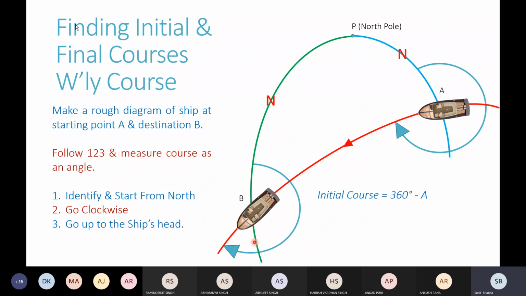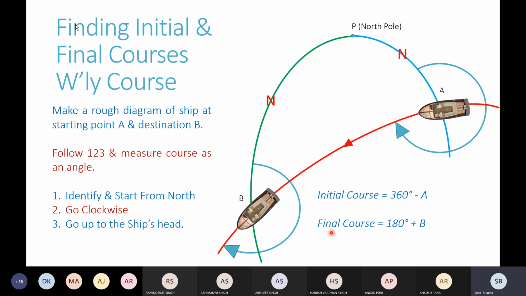So this opposite angle is equal to angle B. And we also know that from the north direction to the south direction, that means up to here, meridian to meridian, this is a straight angle, that is 180 degrees. So this now tells us that our final course is going to be 180 plus angle B.